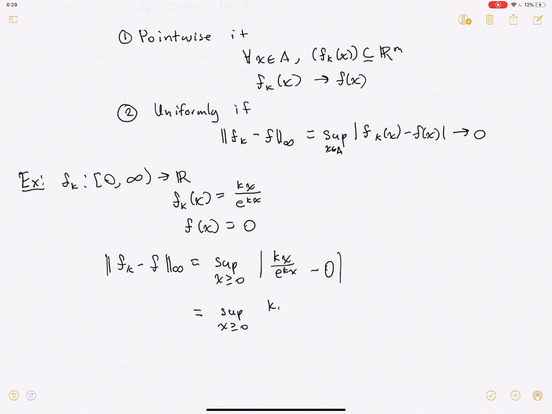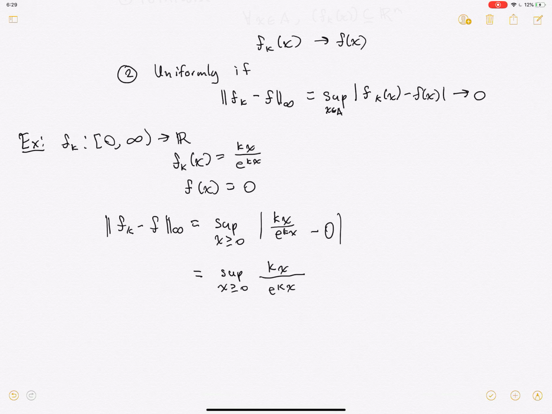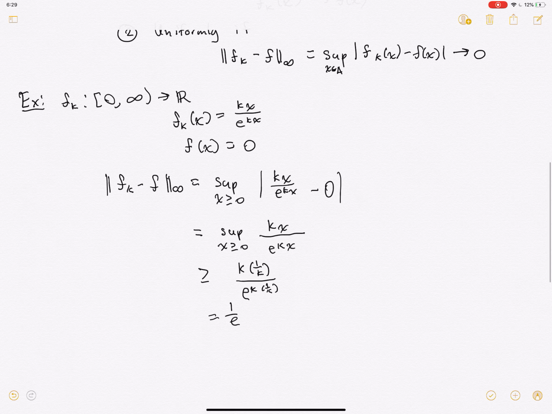It's going to be non-negative anyways, so we can drop the absolute values. And that is greater than or equal to, if you pick x equals 1/k, k(1/k) / e^(k(1/k)) equals 1/e.